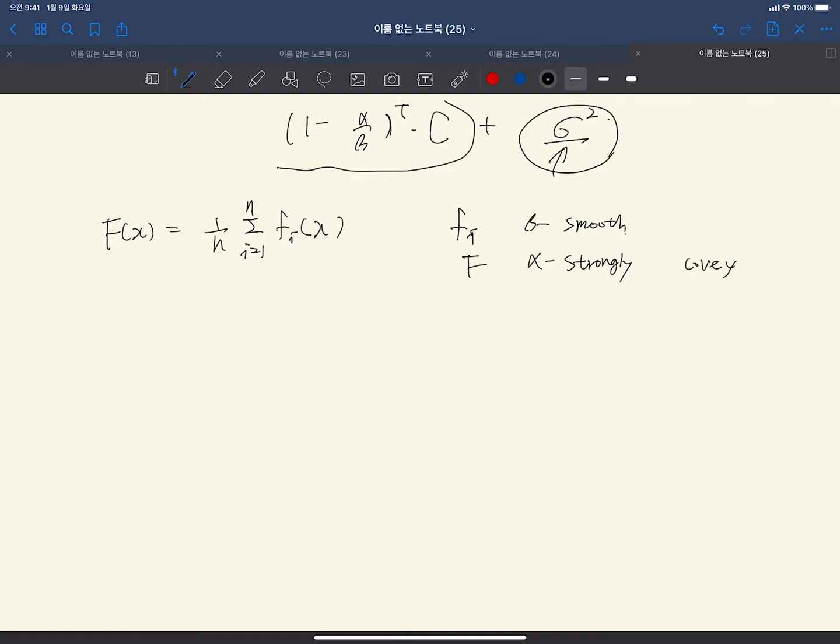So each fi satisfies the beta smoothness property, and the total objective function satisfies the alpha strongly convex property.